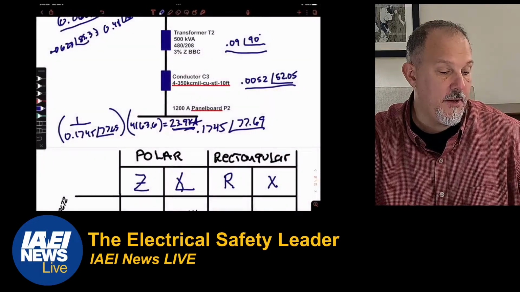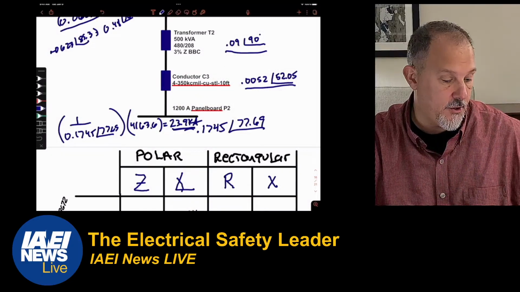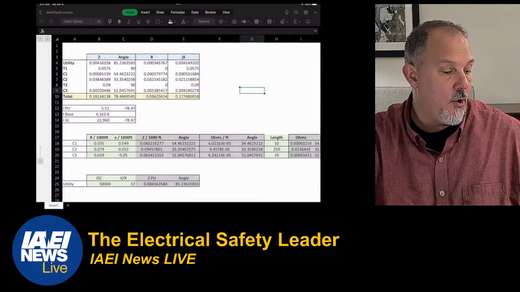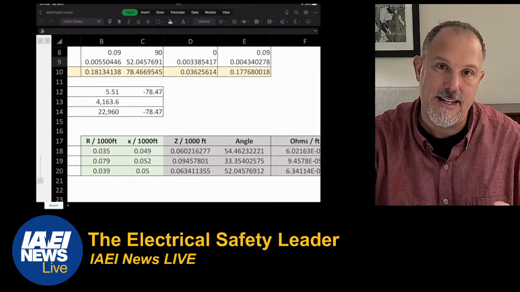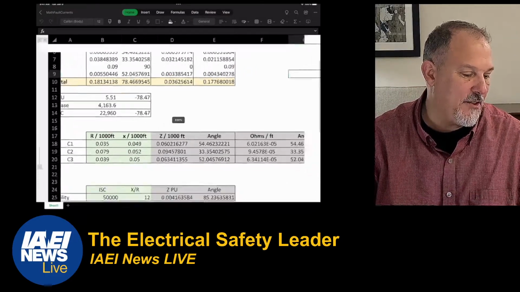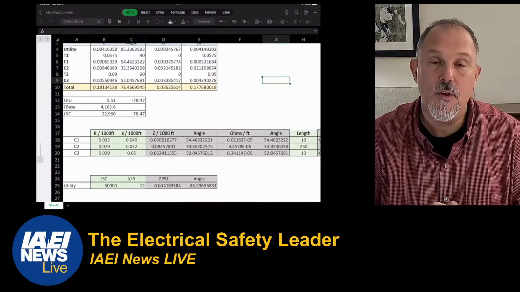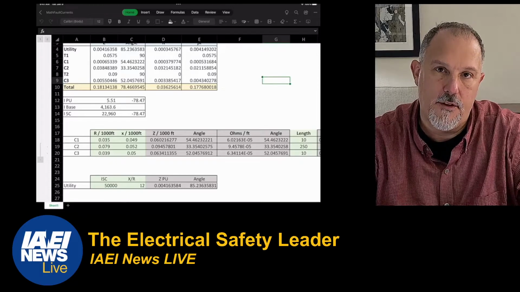I had 23.9 with 500 kVA of motor contribution. Without motor contribution, it's 22.96.